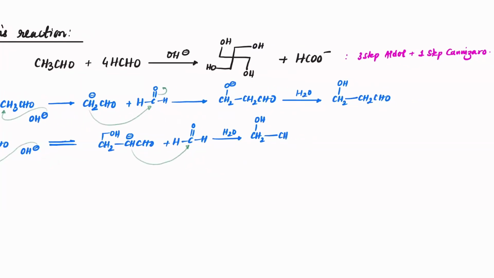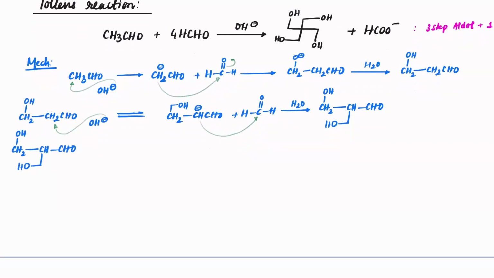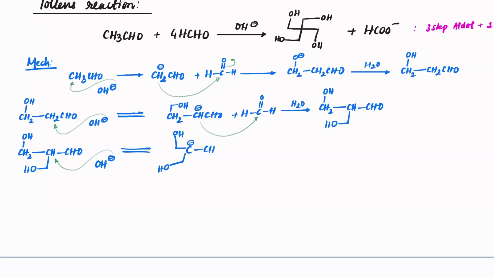And now we already have CH2OH and CHO, correct? And this compound again has one more hydrogen, so we react with OH minus. The same thing would happen. It'll extract H plus from here. So what do we have here? Basically, we have C minus, which is connected to CH2OH, CH2OH and CHO.